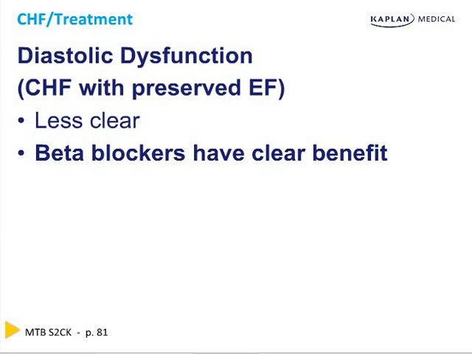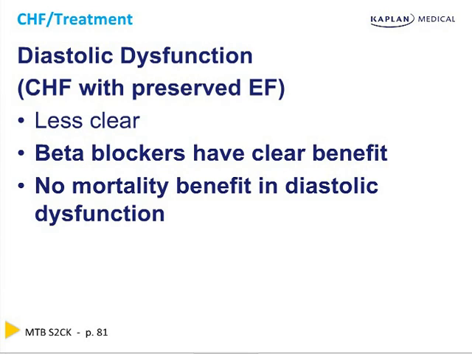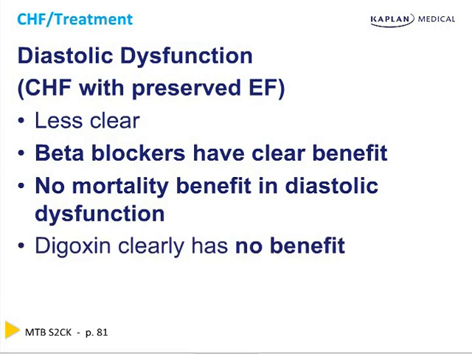We're not certain that they lower mortality all the way, but they're definitely beneficial. And it's been very hard to prove that any drug lowers mortality in diastolic dysfunction. Digoxin, however, we will not even use, since digoxin's main effect is to decrease symptoms of systolic dysfunction. There is zero indication for it in diastolic dysfunction. Zero.